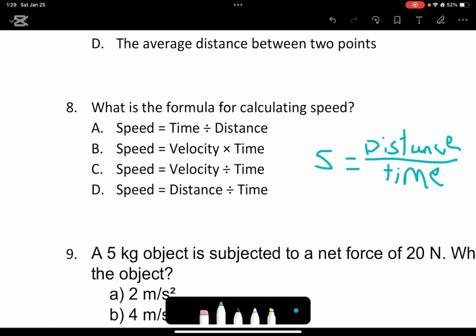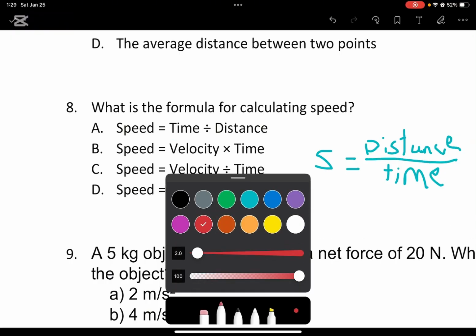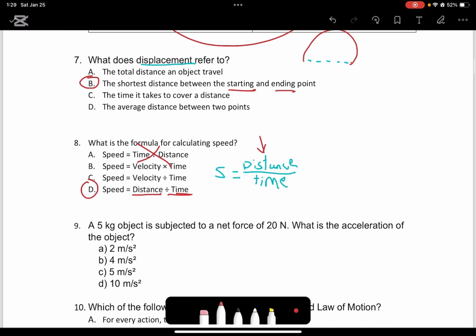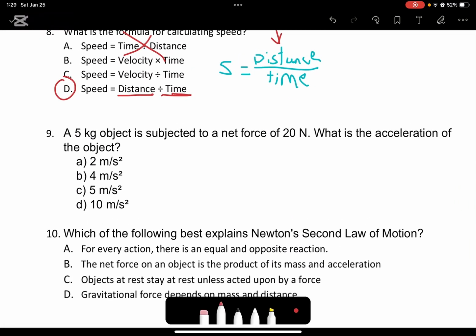So which one is distance over time? This one is wrong, because this is time over distance. Distance is supposed to be up top and time is supposed to be down, like that. So the answer is D.